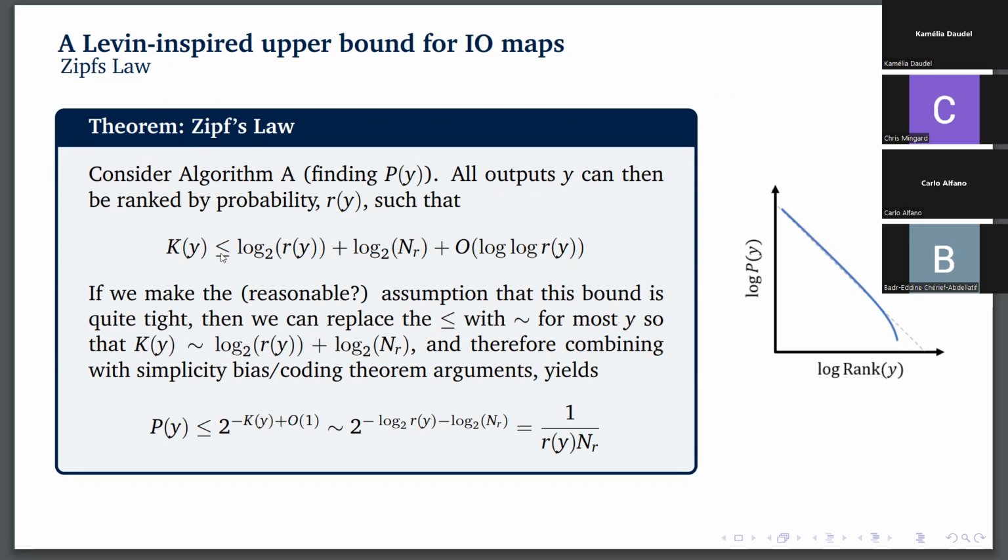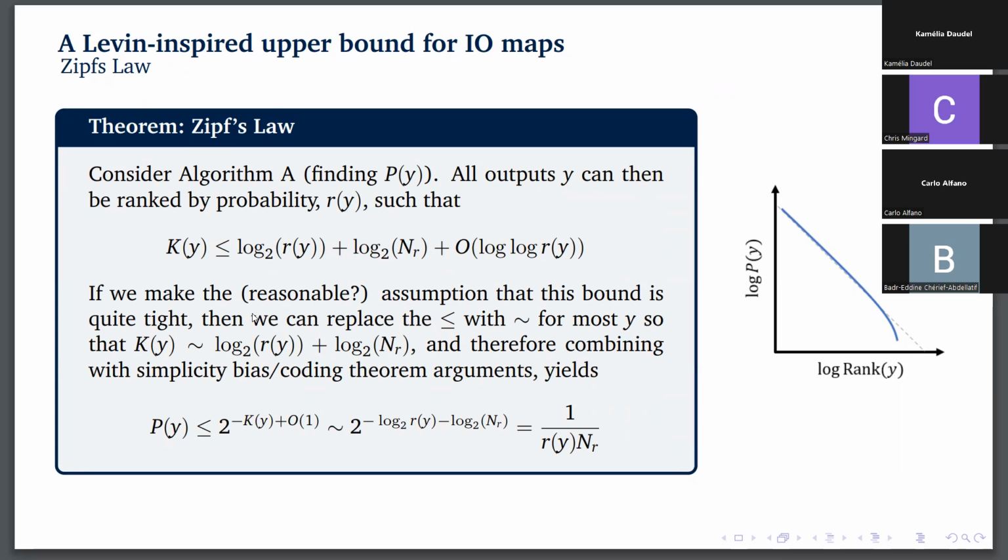We end up with another bound on the Kolmogorov complexity of the output y, which is given by log 2 of the rank, because if I have some number, log 2 of that is the number of bits required to describe the number, plus log 2 of the number of functions that have identical probabilities, because we have to find some way of distinguishing these functions, and there are some other log terms.